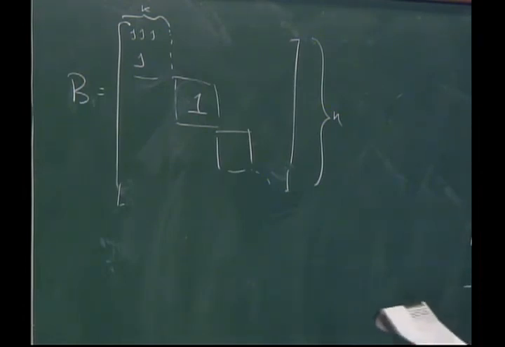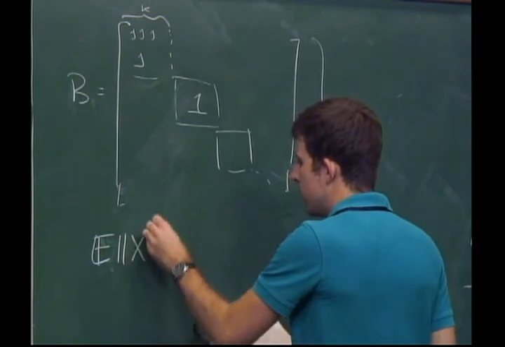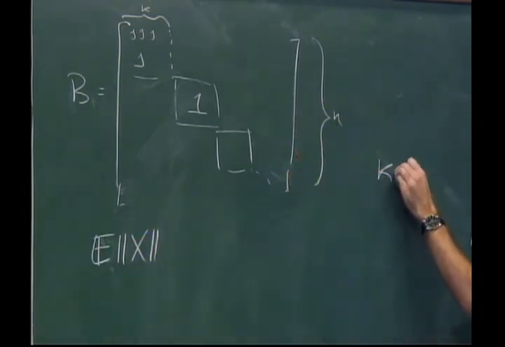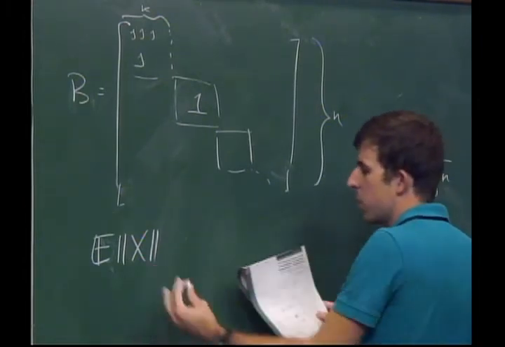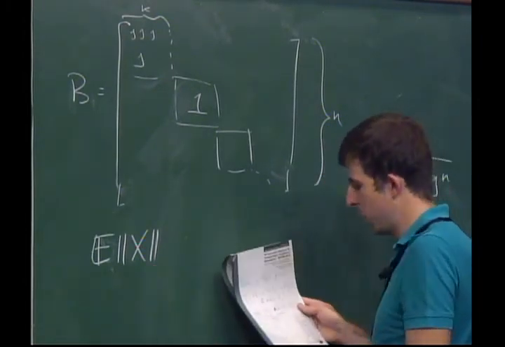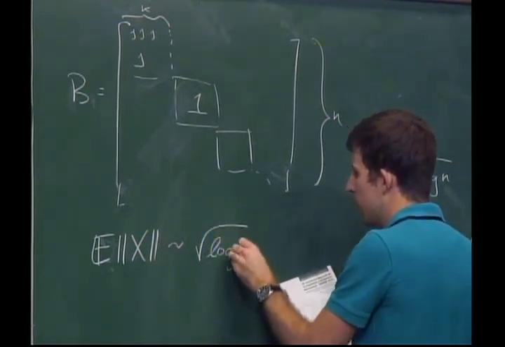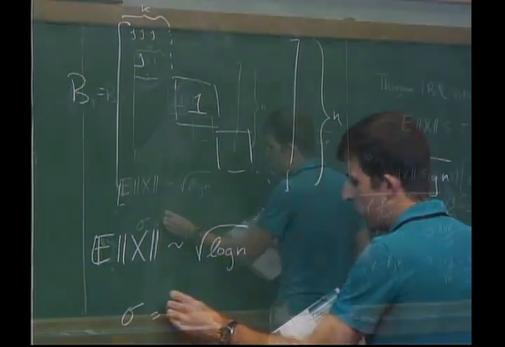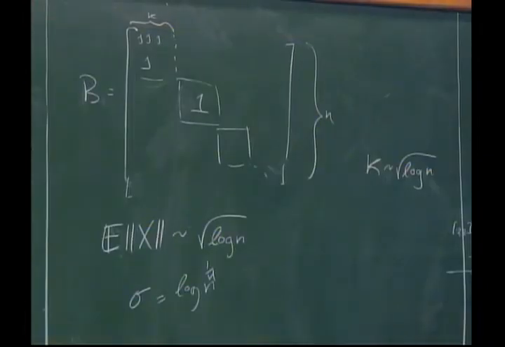And here it's known that if B is this, it's known the expected norm of x. So if you pick k to be of the order of square root log n, it's known the expected value of the norm of x is of the order of square root log n, while sigma is just square root of k, so sigma is just log n to the 1/4. Okay, so you really need to multiply the log n to the 1/4.